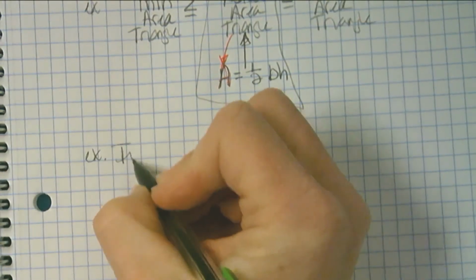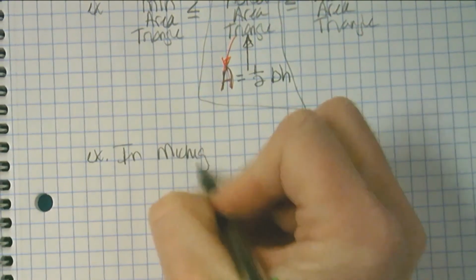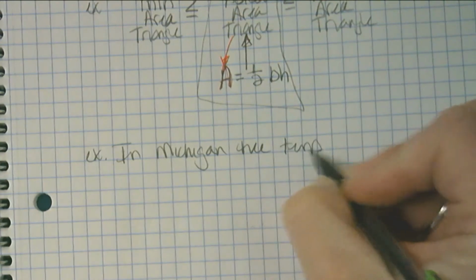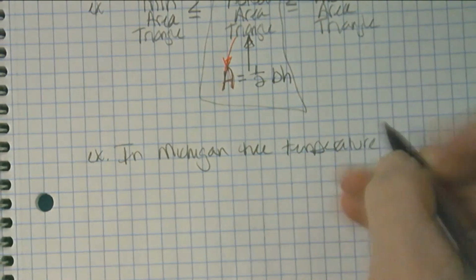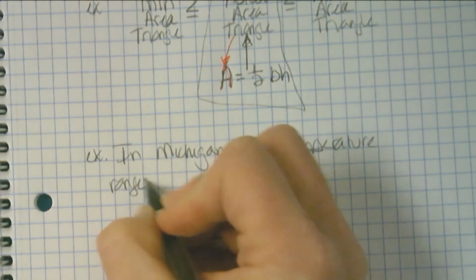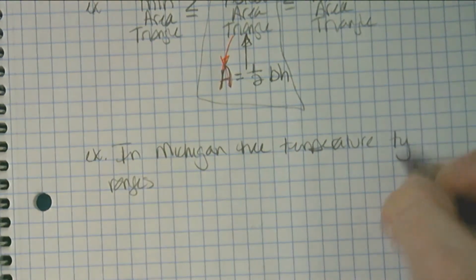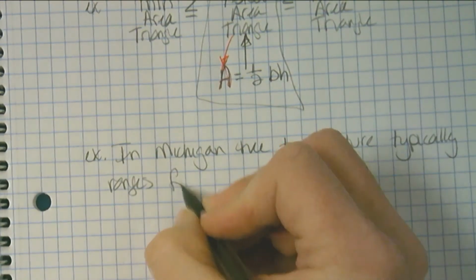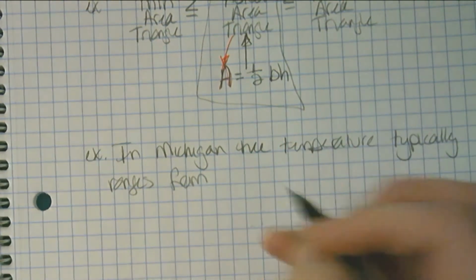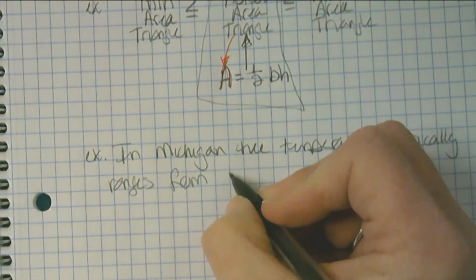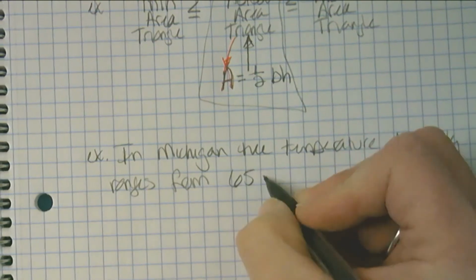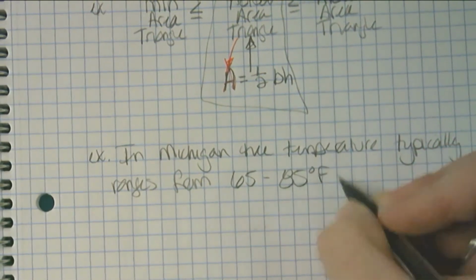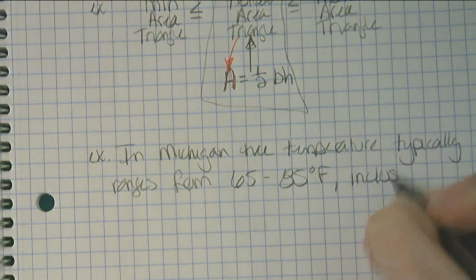So let's say in Michigan, the temperature typically ranges from, I don't know, 65 to 85 degrees Fahrenheit inclusive.